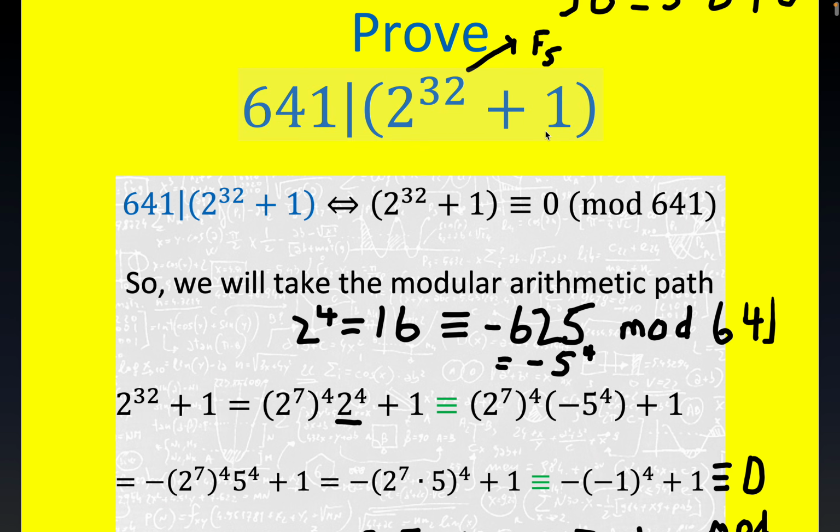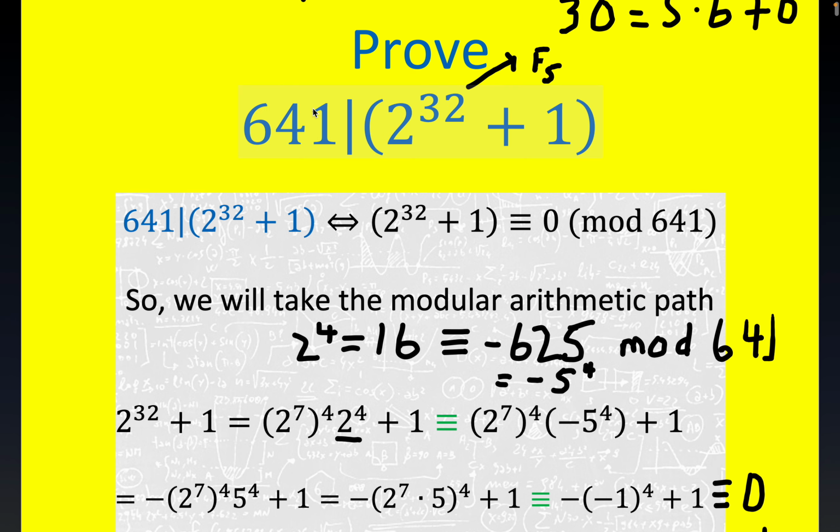He actually knew what this number was, in Hindu-Arabic, even though they didn't call it Hindu-Arabic then, I don't think. And he went through it and figured out that 641 was a factor, when a century before Fermat had conjectured that this was prime.